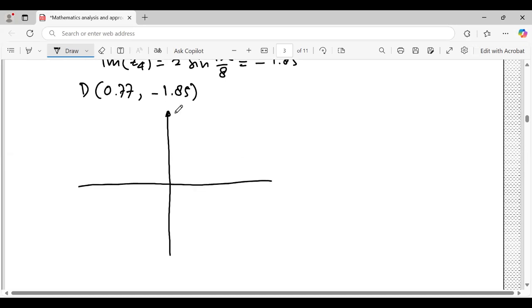Now, we're going to sketch an Argand diagram. Okay, this is the imaginary axis, and this is the real axis. 1, 2. 1, 2. A is the coordinate point 1.85 and 0.77.